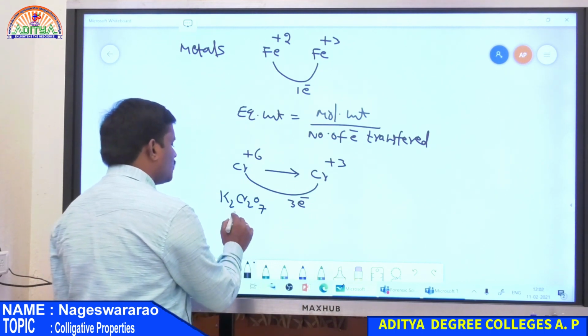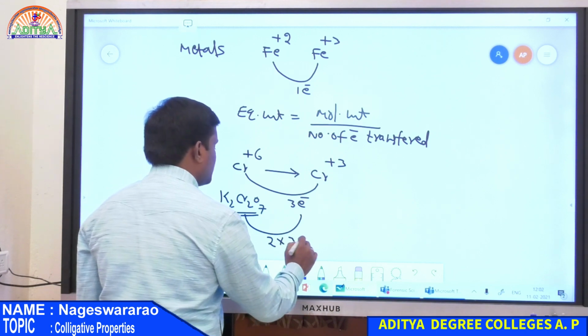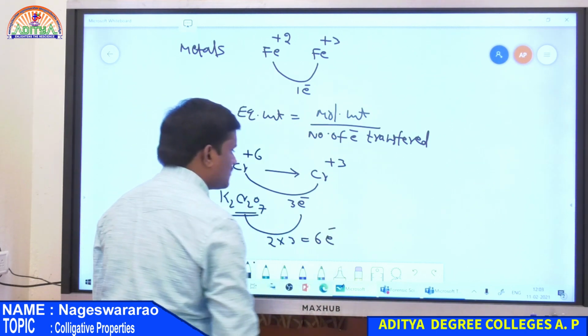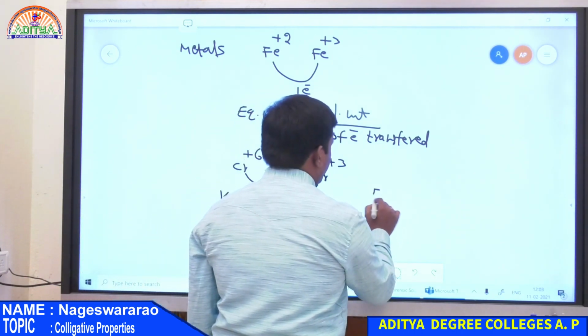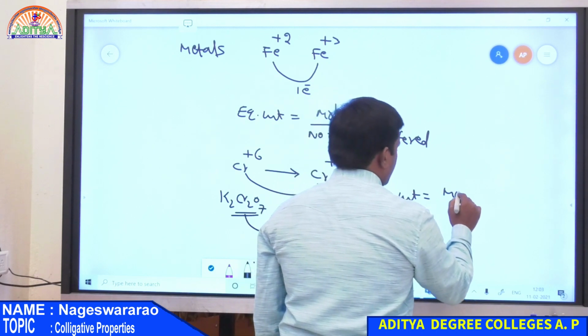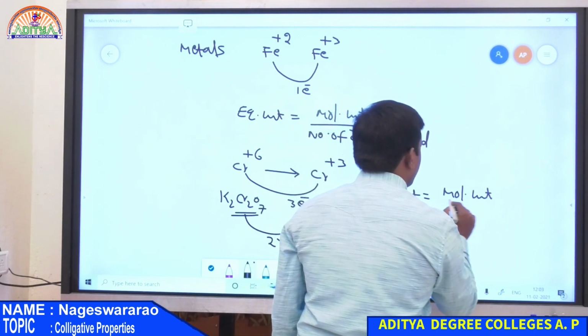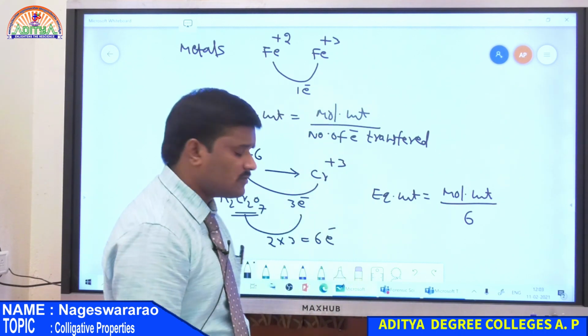Here there are 2 chromium atoms, so it is 2 into 3 electrons, that is equal to 6 electron transfer. That is why for dichromate, equivalent weight is equal to molecular weight divided by the number of electrons transferred, that is 6.